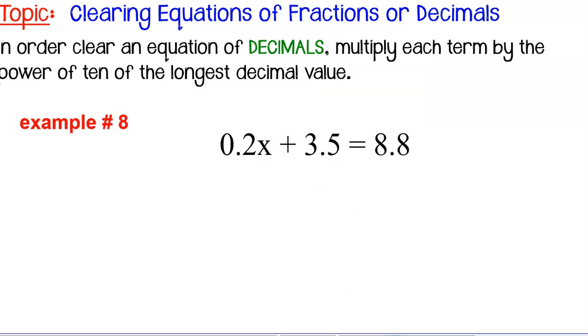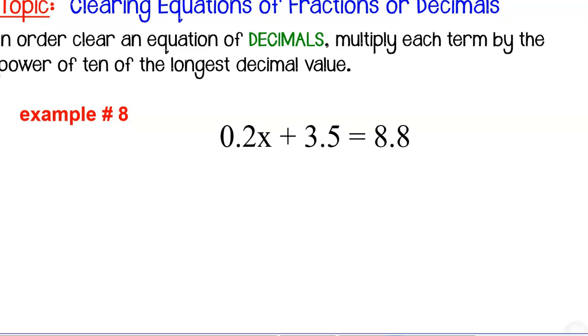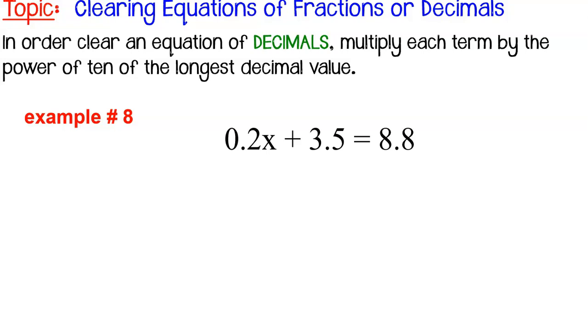In order to clear an equation of decimals, you need to multiply each term by the power of 10 of the longest decimal value. So let's look at our decimal values. That's one place, that's one place, that's one place. So they all have the same amount of places, which makes the longest place value 1 power of 10.